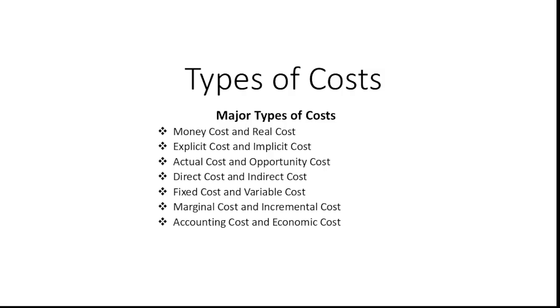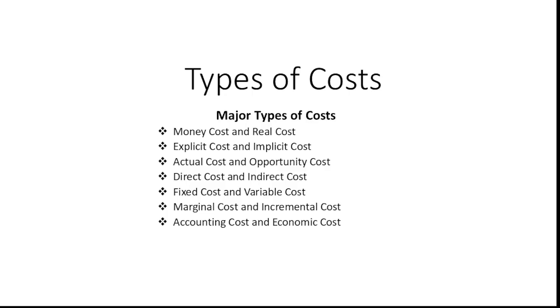If it chooses to make cakes, the profit it would have earned from the bread is the opportunity cost of producing the cake. That's why opportunity cost is equal to the value of the next best alternative forgone.